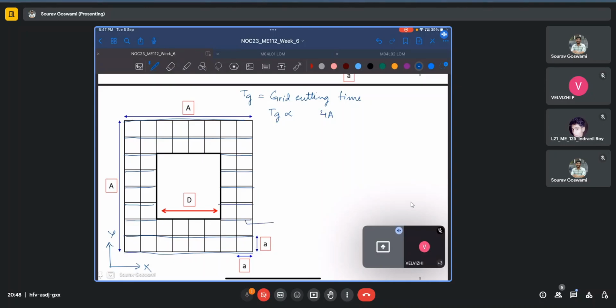Each of these cuts corresponds to a length of 2A, because here the region is already pixelated into squares which have a side of length a each, and I am making 10 cuts or 10 scans of length 2A.